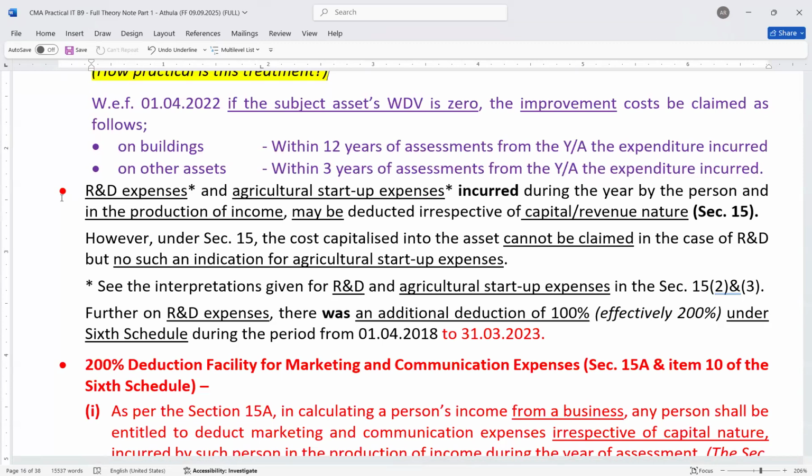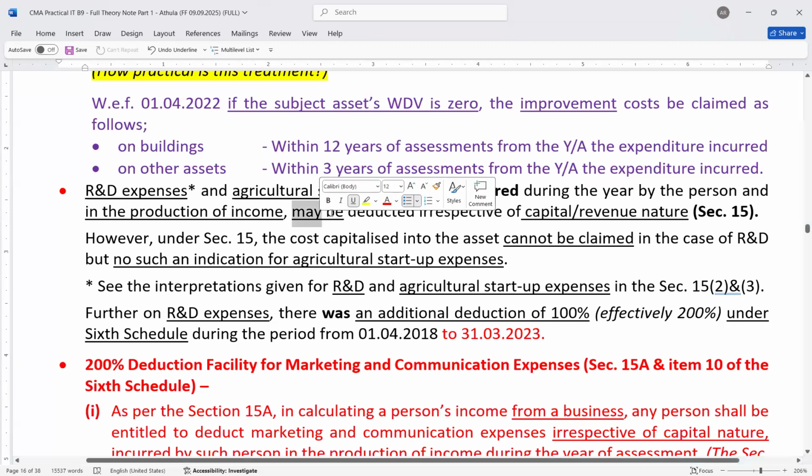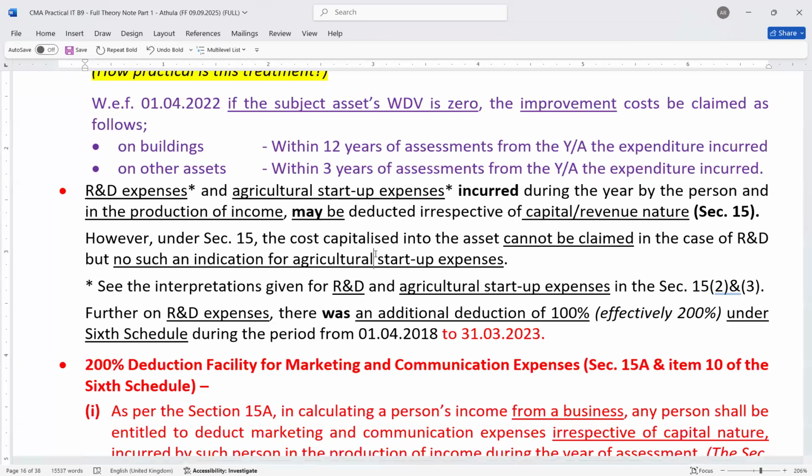And agricultural startup expenses incurred during the year by the person in the production of income may be deducted. See, the wording is "may". This is very important. Not "shall be", may be deducted irrespective of capital or revenue nature.